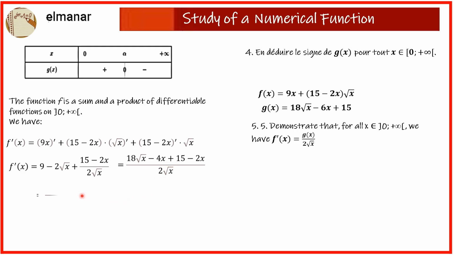Simplifying further, we obtain 18 times the square root of x minus 6 times x plus 15, all divided by 2 times the square root of x. We then observe that this derivative is equal to g of x divided by 2 times the square root of x.